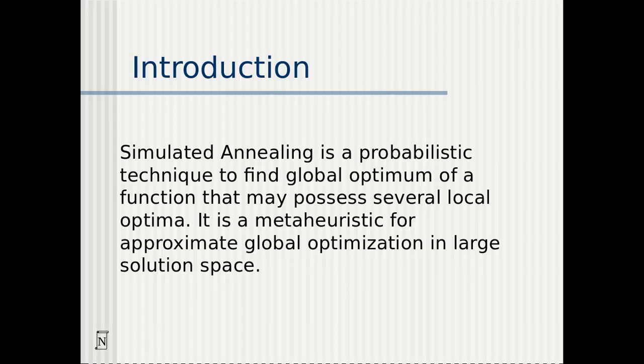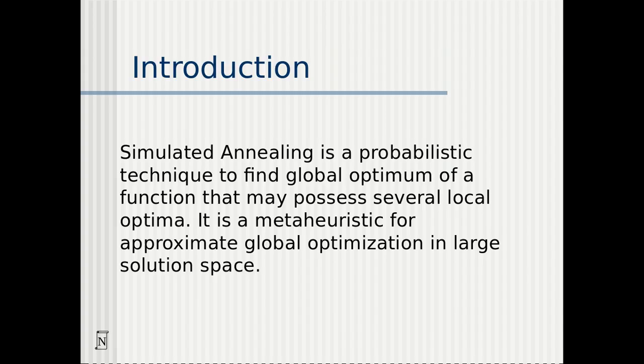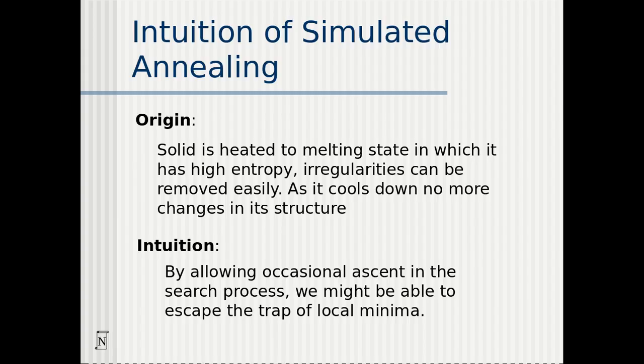It is a metaheuristic for approximate global optimization in large solution space. I would like to mention that simulated annealing is better than its counterpart like hill climbing because it doesn't get stuck on local optima.